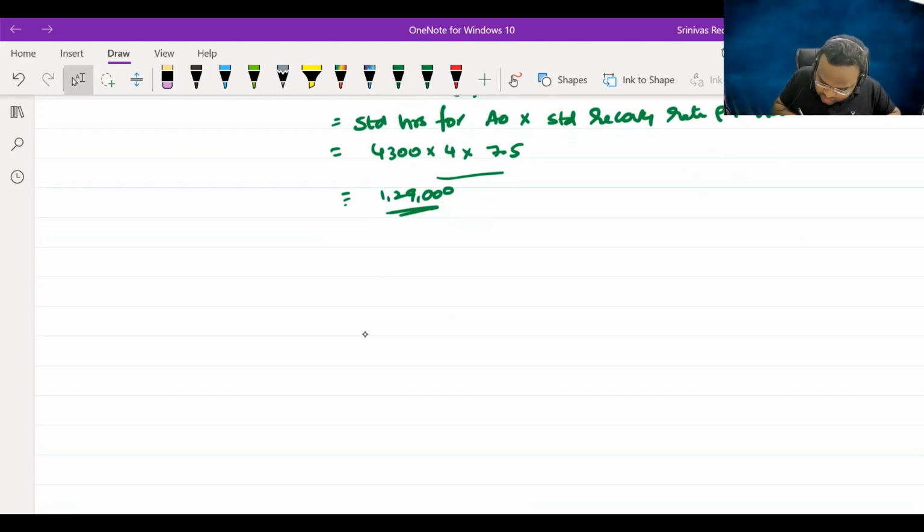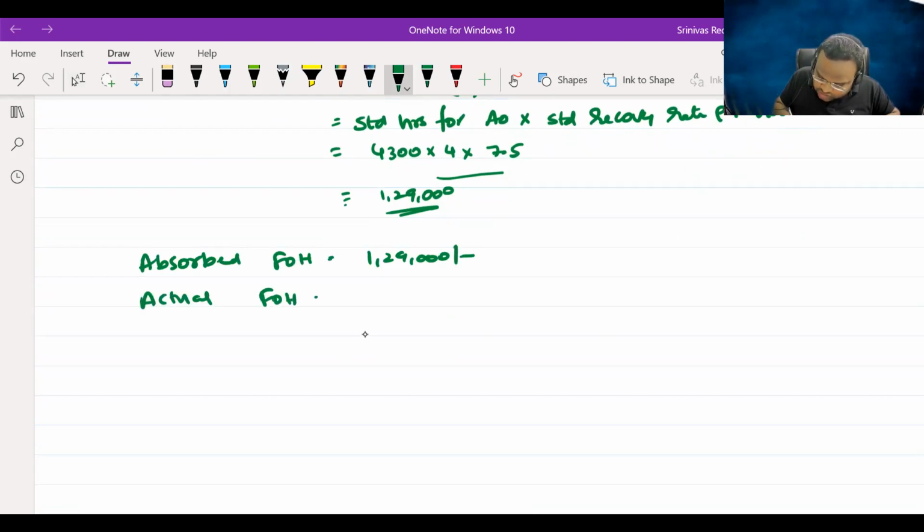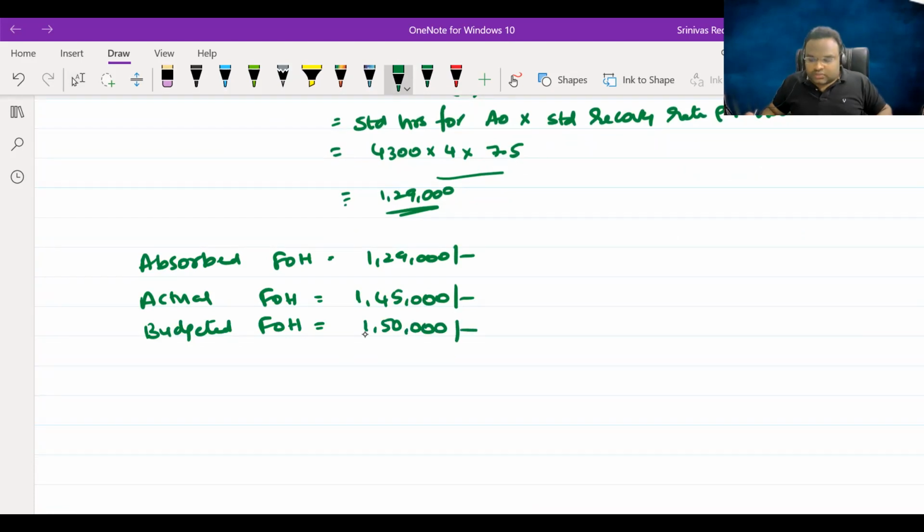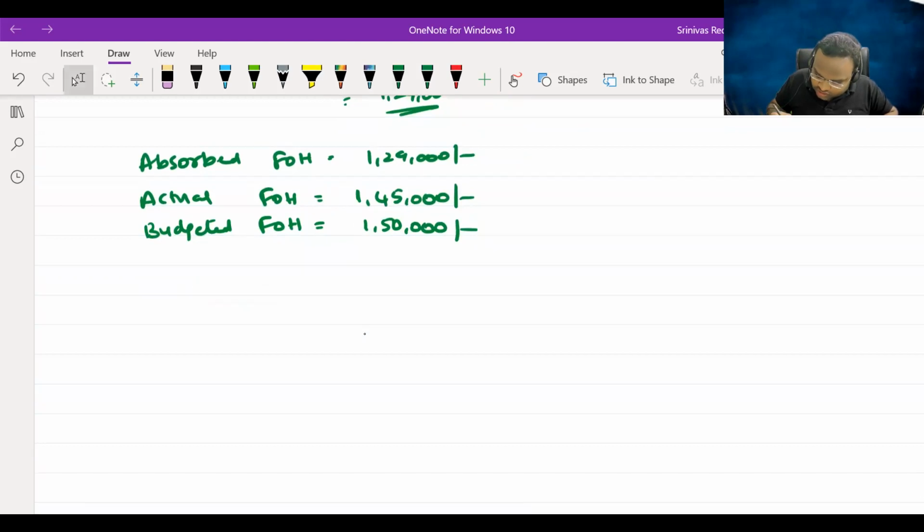So finally, absorbed fixed overhead is equal to 1,29,000. Actual fixed overhead is 1,45,000. Budget fixed overhead is 1,50,000. Now I'll work out fixed overhead cost variance.